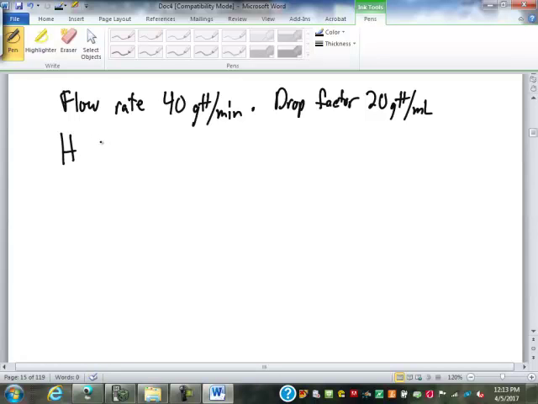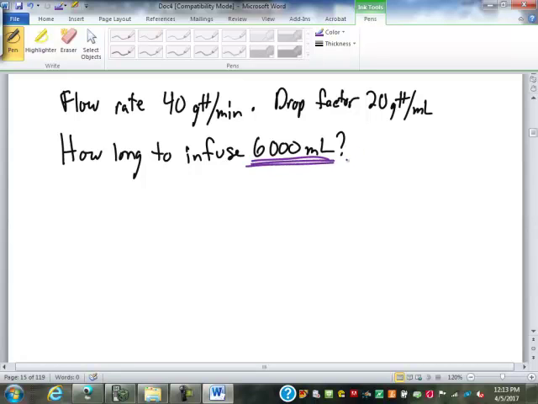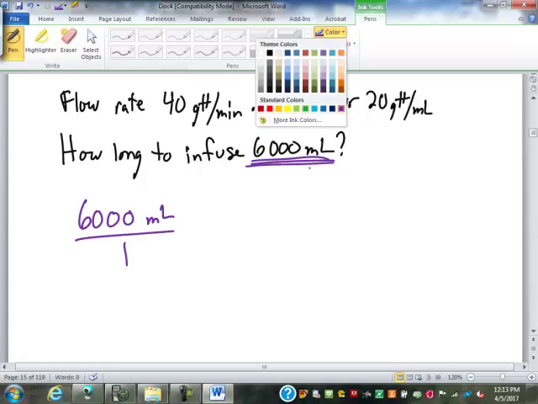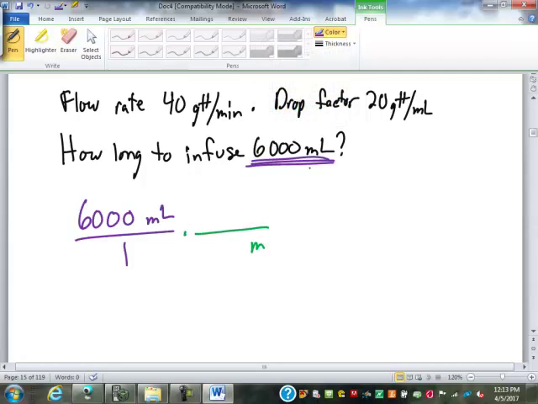I want to know how long it will take to infuse 6,000 milliliters. So now we are going to start with the 6,000 milliliters, and we're going to convert it into time. So 6,000 milliliters over 1. So we need something with milliliters on bottom. Well, we have our 20 drops per milliliter.